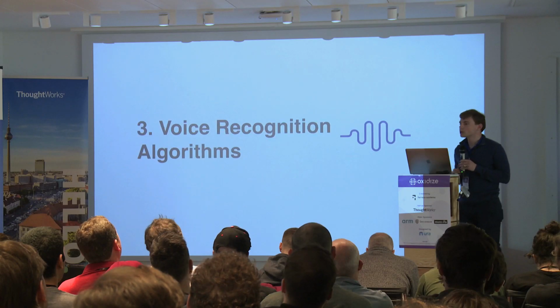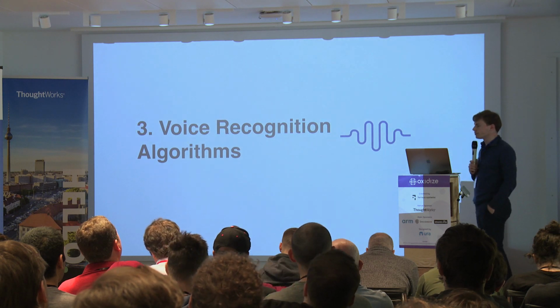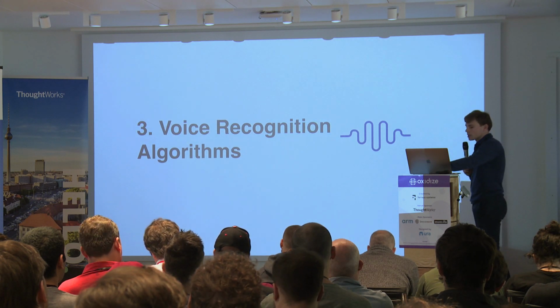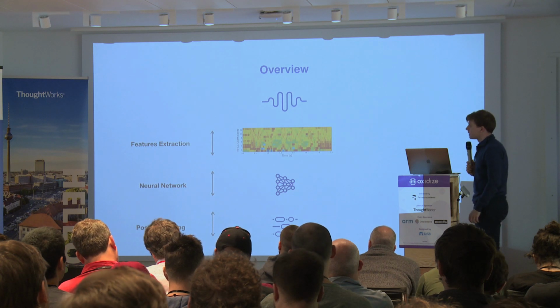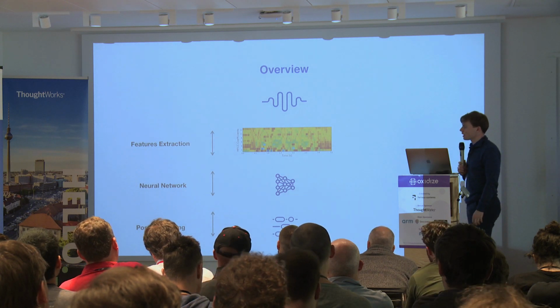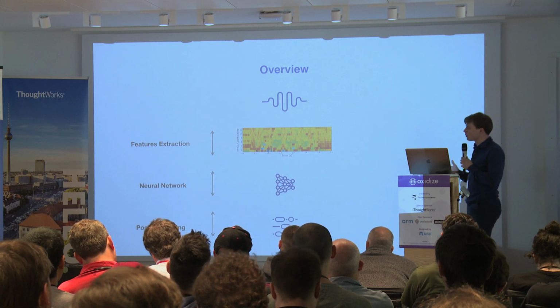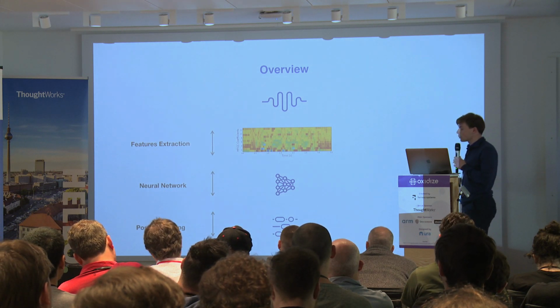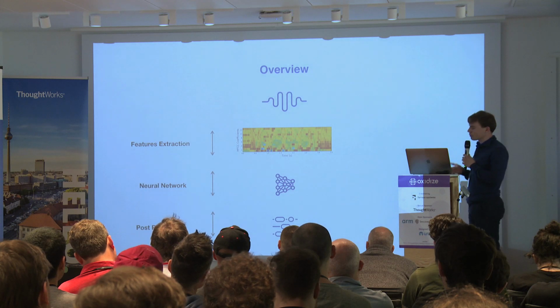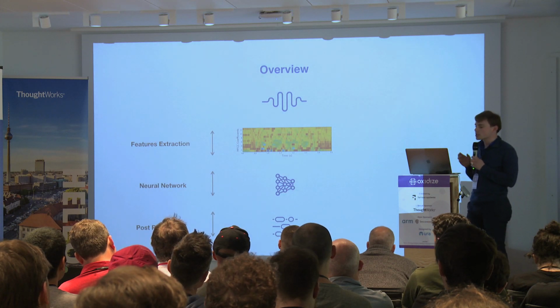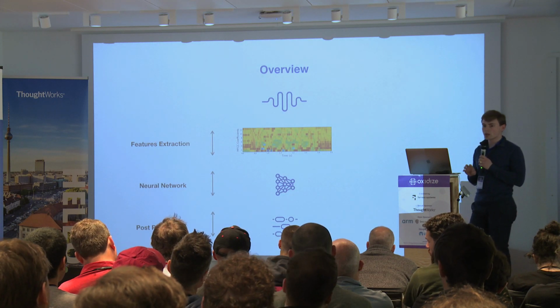So, how do we do voice recognition? The voice recognition is split in three pieces. There are different solutions that can be used, but I will present the one that we use at Snips. The first thing you need to do is extract key features from the sound.